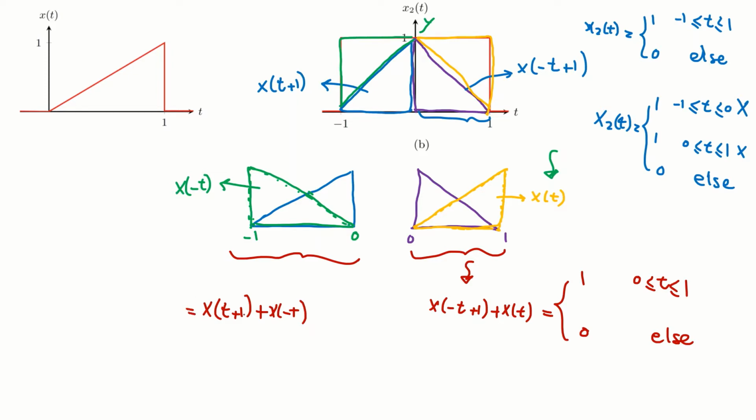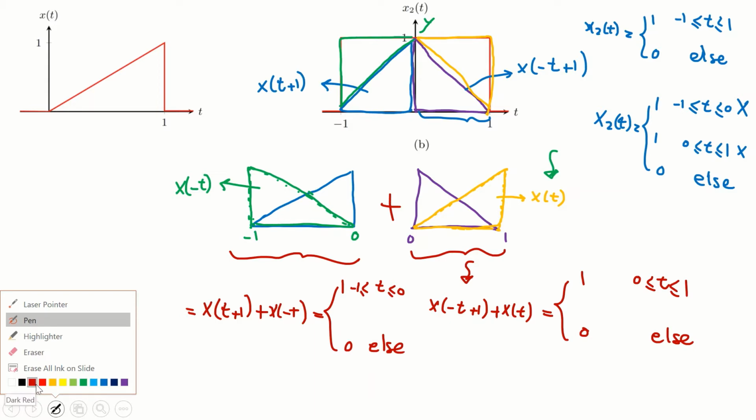And this says the value of the signal is 1 for the interval between minus 1 and 0, and the value of the signal is 0 for other intervals. And if I add these two up, then we would have something like this.